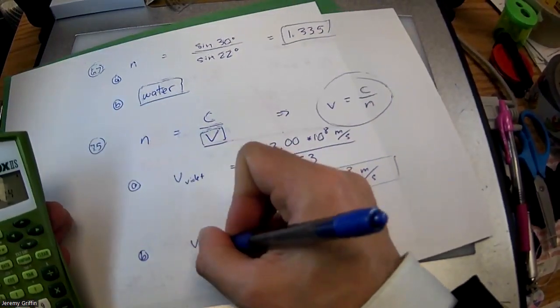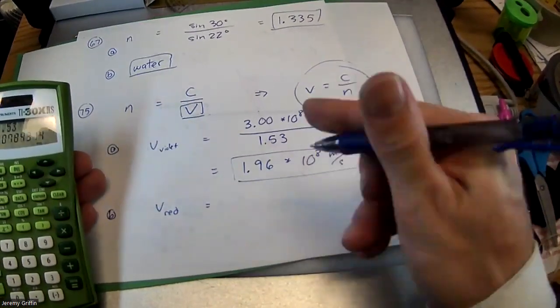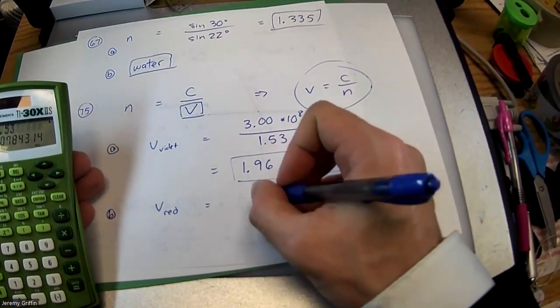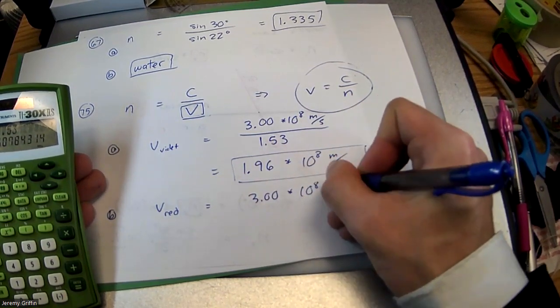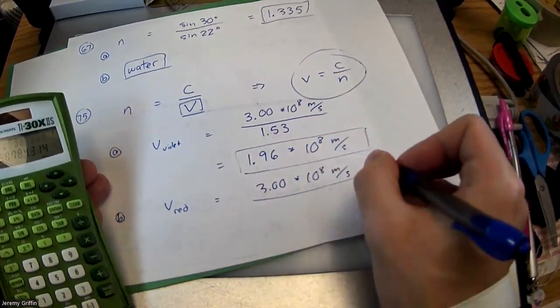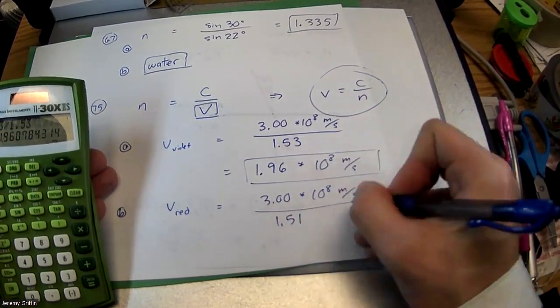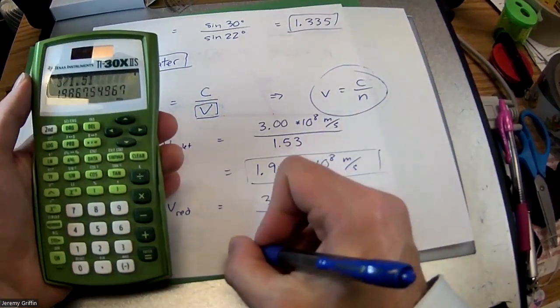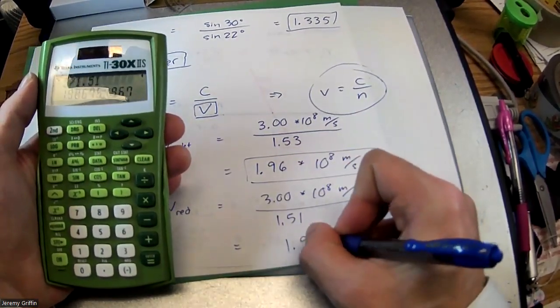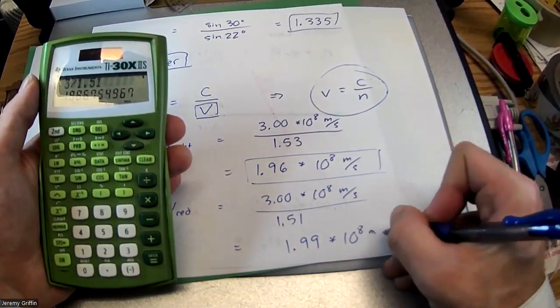Follow up for red light, right? So the long part of the spectrum, the longest wavelength your eyes can see. 3 times 10 to the 8 meters per second, divided by 1.51. And that is 1.99 times 10 to the 8 meters per second.